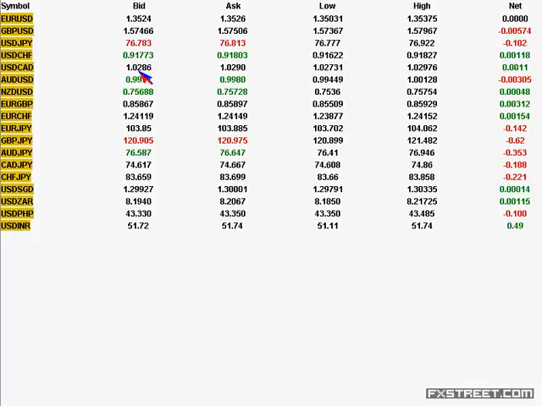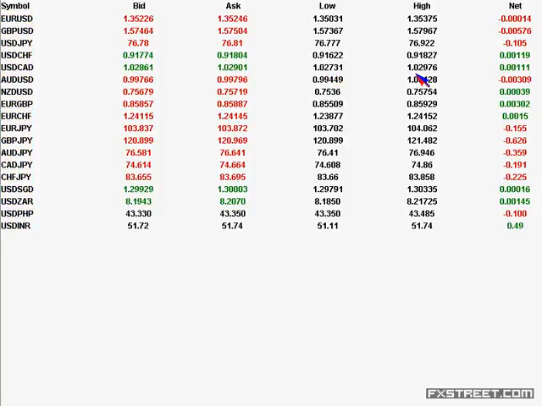But in the case of the commodity pairs, they are making the USD strengthening move. USD CAD is showing the level of 1.0286, 1.0290, 1.0273 is the low, 1.0297 is the high, and 11 pips positive net change is seen.